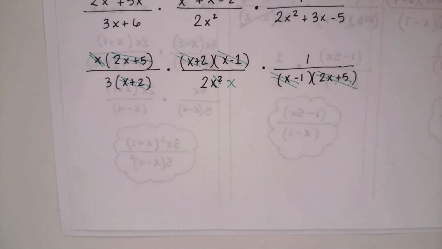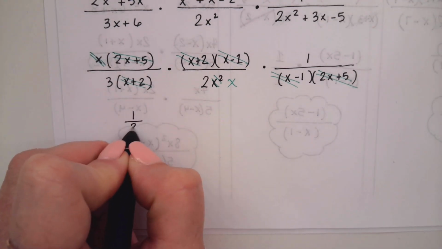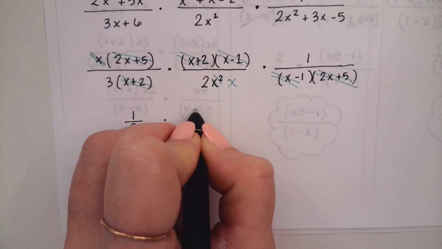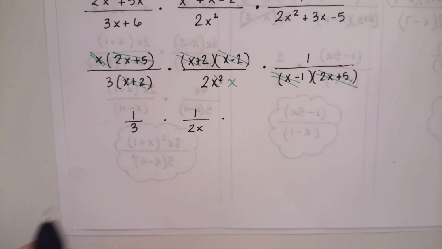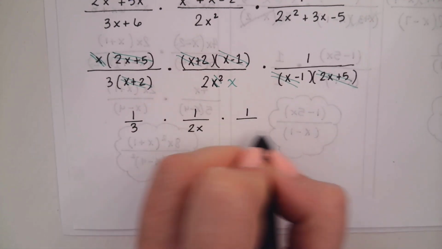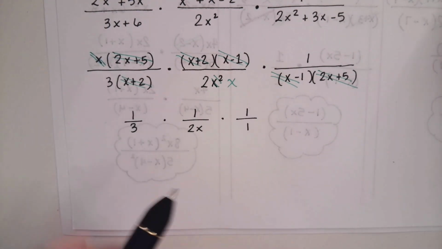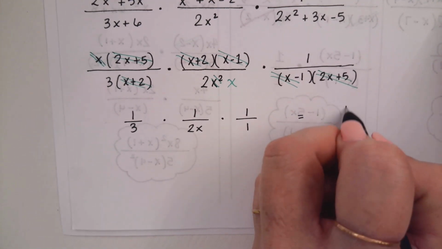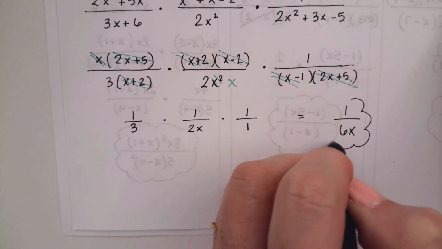Oh my goodness. What's our first fraction left with? 1 over 3 times 1 over 2x times 1 over 1. So if I did top times top times top, I'm going to get 1 over 6x, as long as x is not 0. Good job.